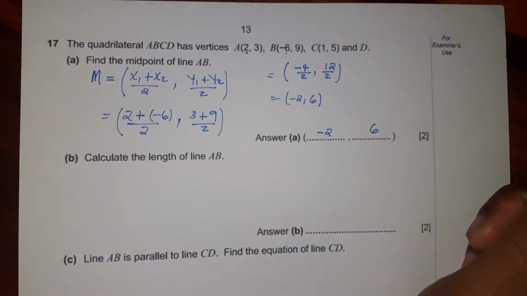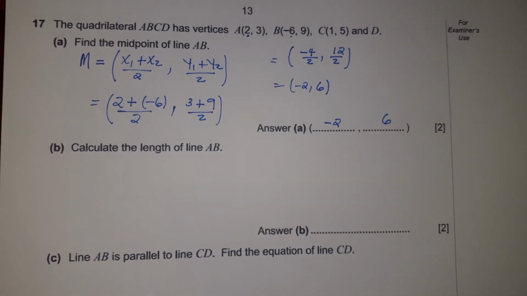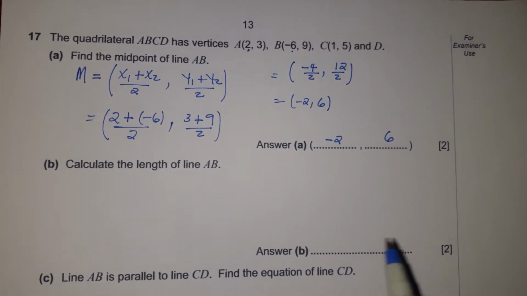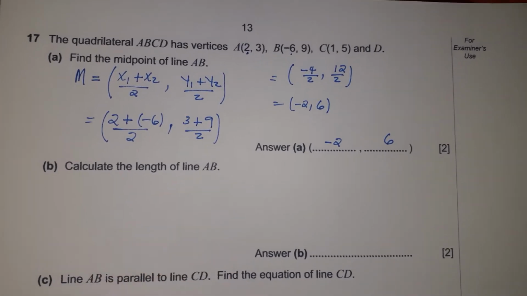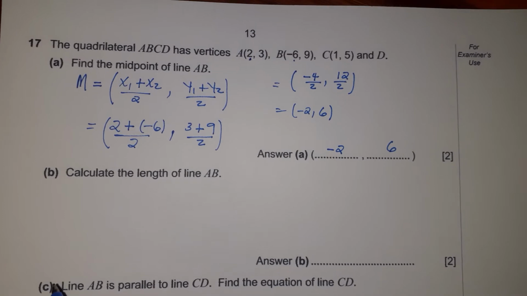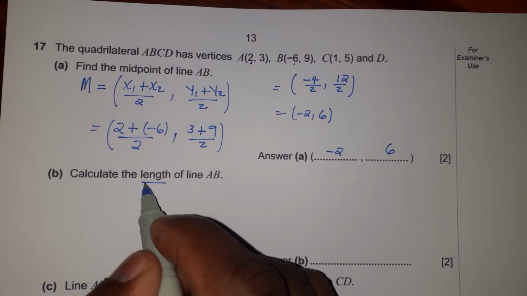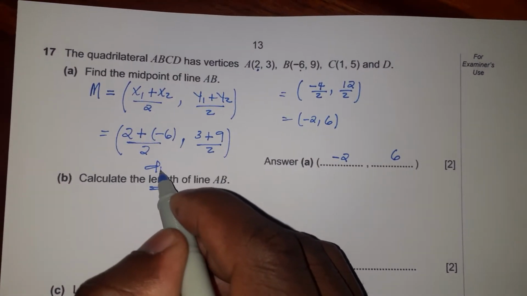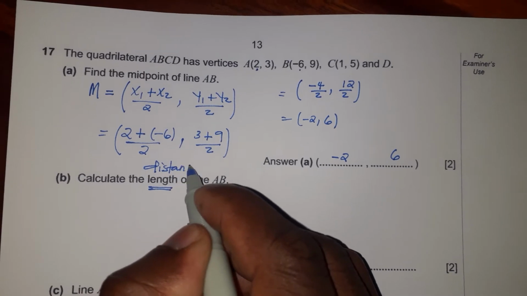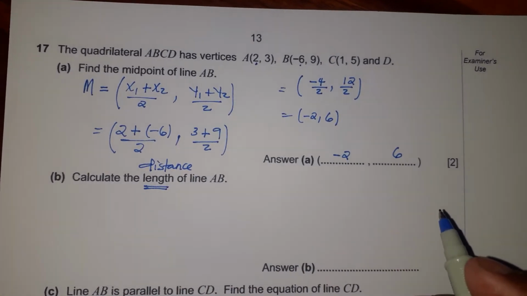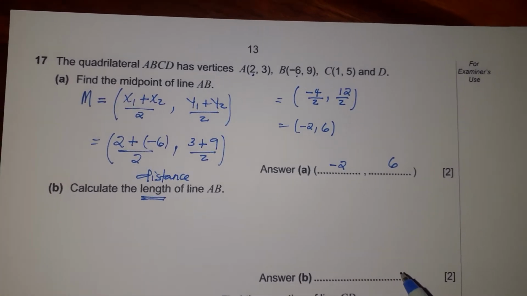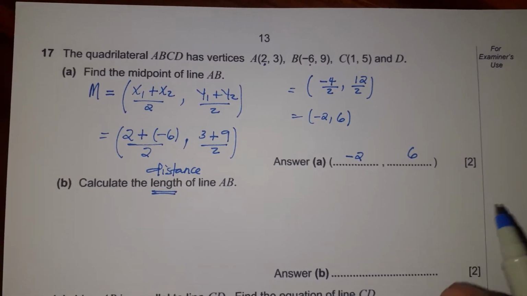Now after that, we can now move on to letter B. Our letter B says we now have to find the length of line AB. The length, we are referring to distance. That means we need to state the formula for distance between 2 points.